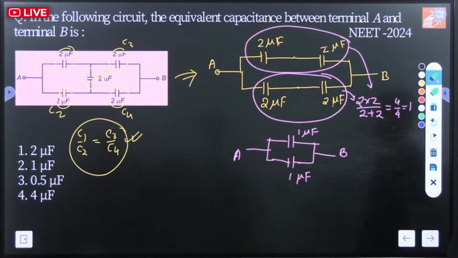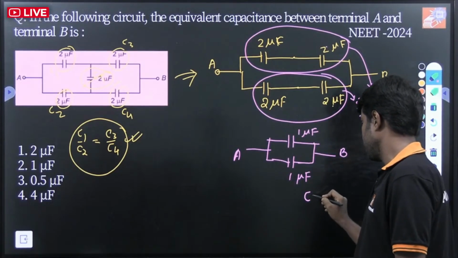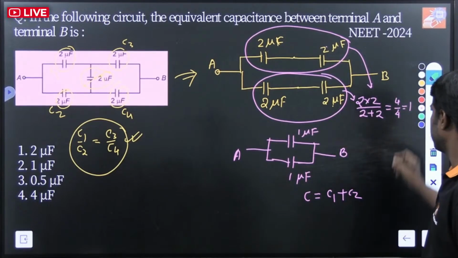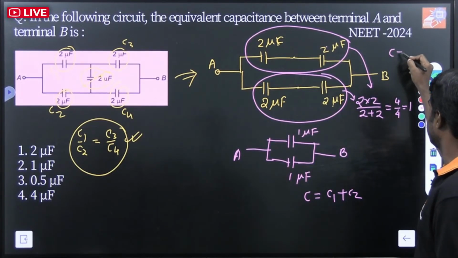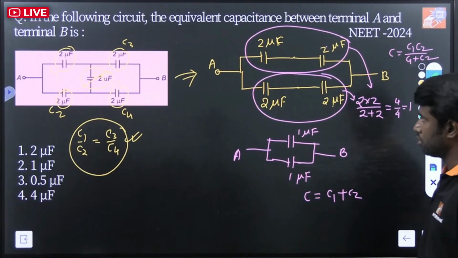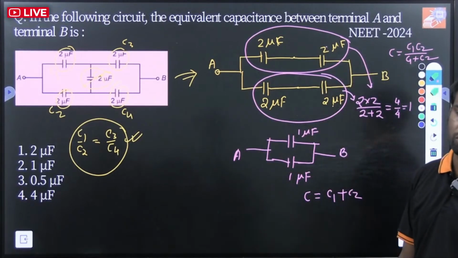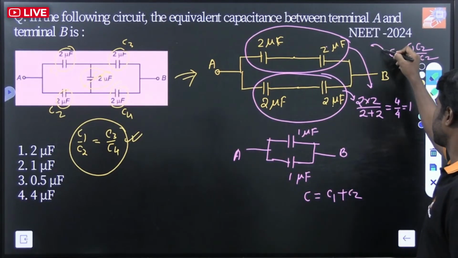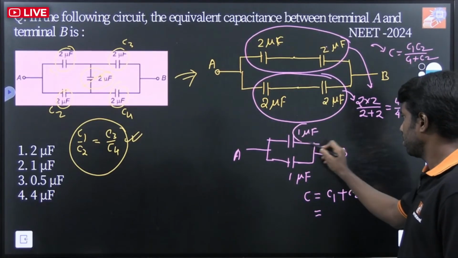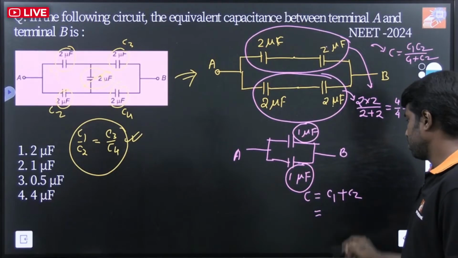Now, the equivalent capacitance for a parallel combination is C equal to C1 plus C2, and for series we have used C equal to C1 C2 by C1 plus C2. We used this formula because 1 by C is equal to 1 by C1 plus 1 by C2. By using this formula we got this one. Now these two are parallel, so they will be added.